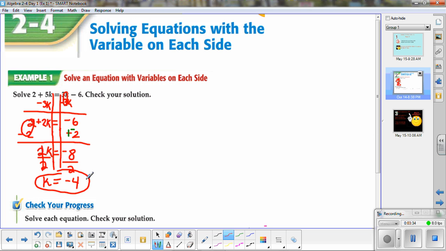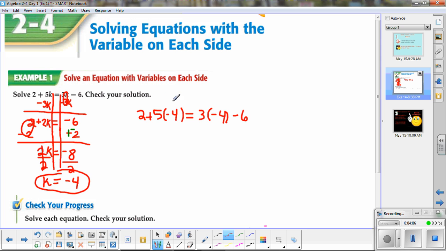Now to check your solution, you're going to have to plug this negative 4 in on both sides of the equation. So over here on the left, I have 2 plus 5 times a negative 4. We want to see if that's equal to 3 times negative 4 minus 6.